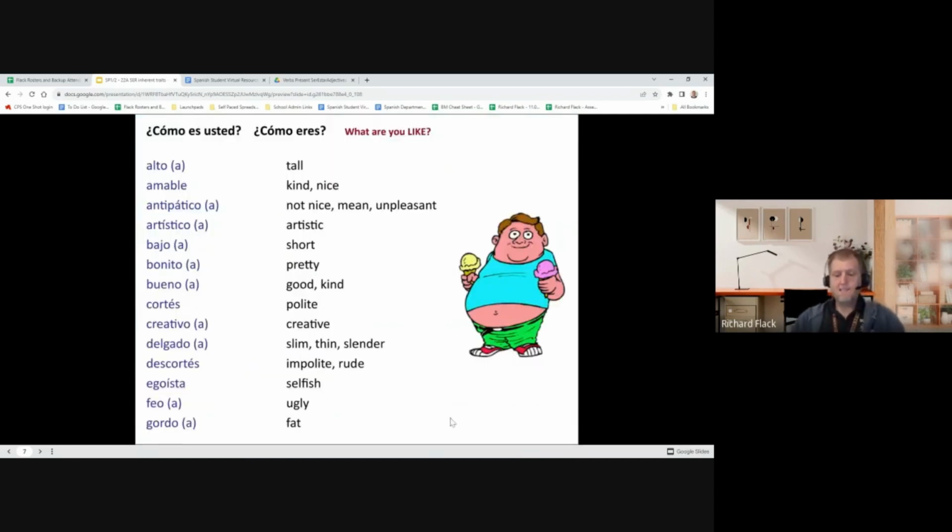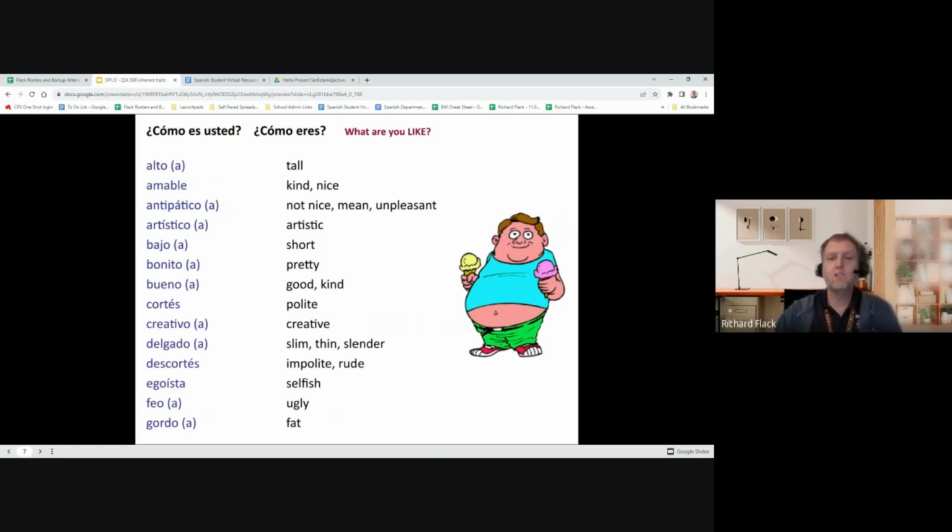In your packets, you have another list of adjectives. So we had a list of adjectives that go with the verb estar to talk about our feelings. Now we have a list of adjectives to talk about what we are like. ¿Cómo es usted? ¿Cómo eres? What are you like?